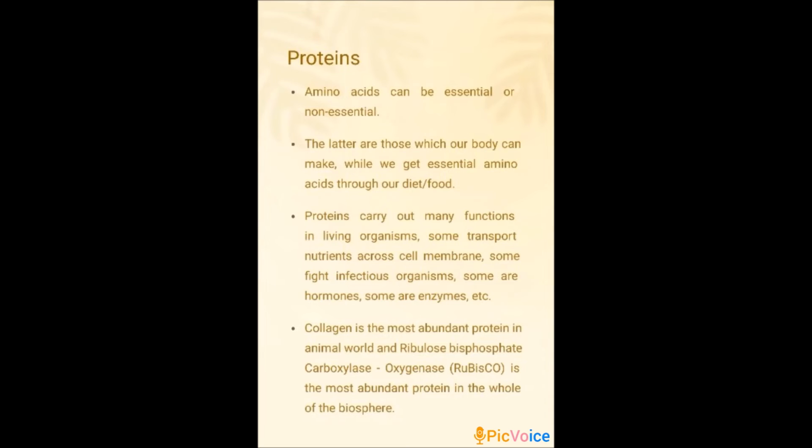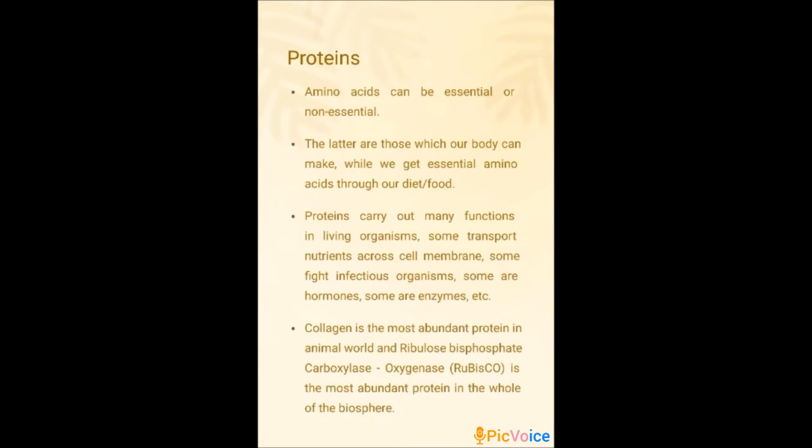And next, proteins carry many different functions. They transport nutrients across the cell membrane from cell to cell. For the nutrients to be transported, these proteins will help, and they help to fight against infectious microorganisms. Some proteins are hormones, and some proteins are also enzymes for chemical reactions in our body.